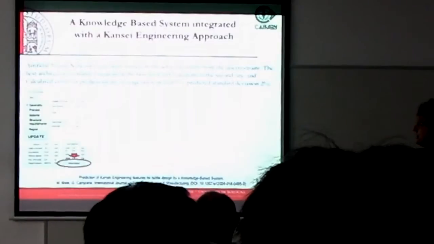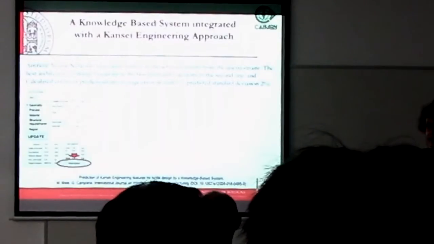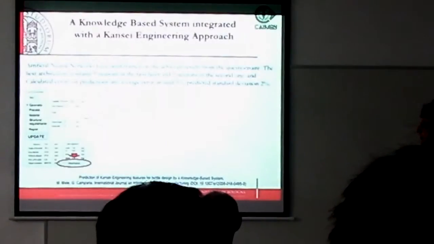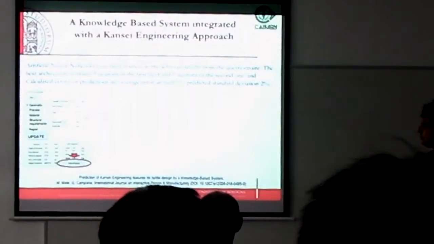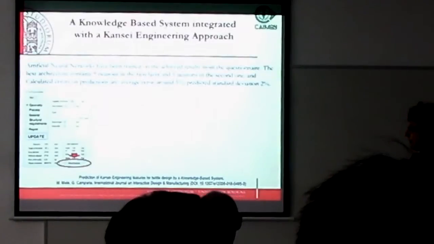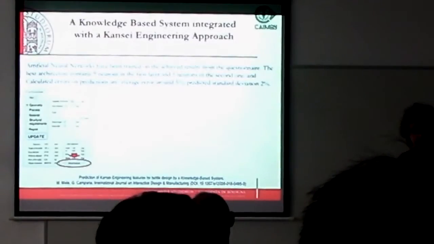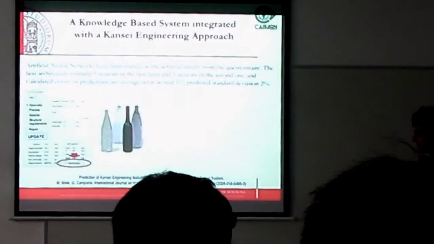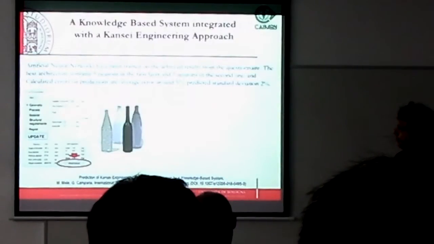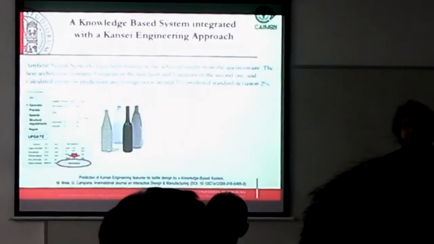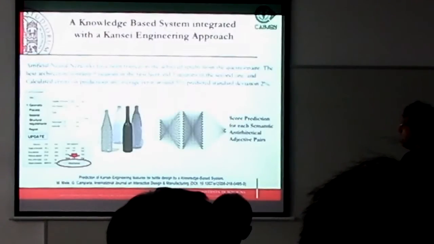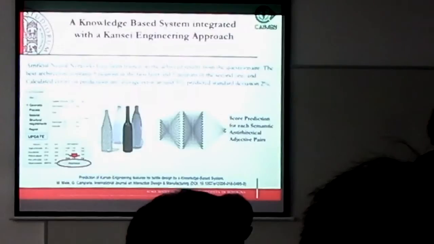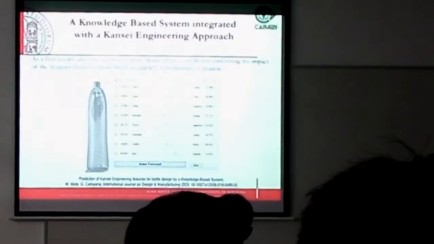So this is the system. You have to modify the point. If you are a designer, you can choose different aspects, also structural requirements, and at the end, after the realization of your digital mockup, you can push this button and you can have also a prediction of the emotional impact of the bottle.